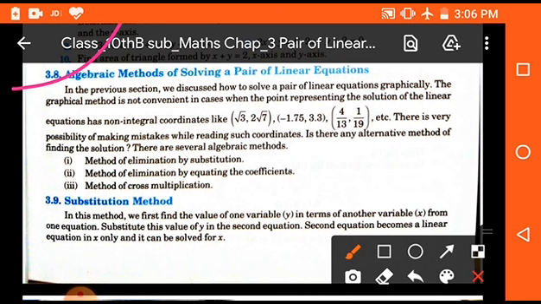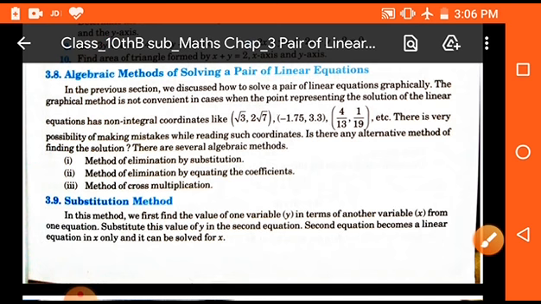In order to solve any linear equation by the algebraic method, there are three methods. First, the method of elimination by substitution; second, the method of elimination by equating the coefficients; and third, the method of cross multiplication. Clear? So there are three methods by which we can solve any equation by algebra.